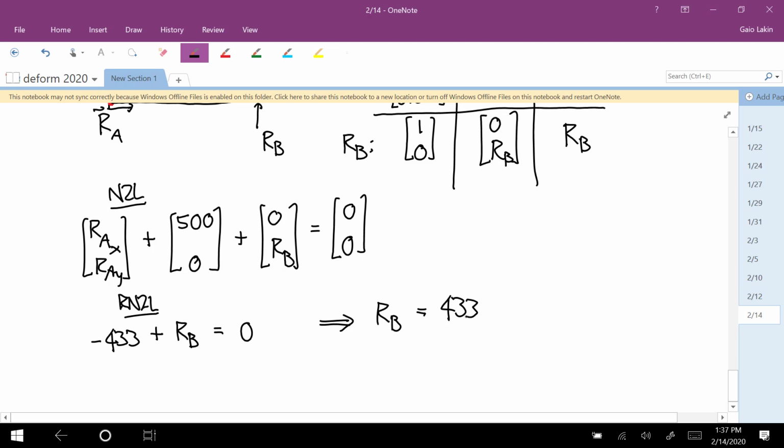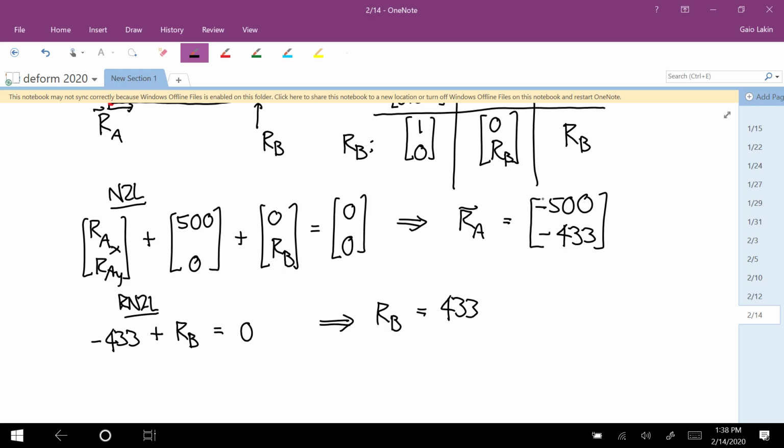And then we can plug that into the Y equation, and we get that RA has an X component of negative 500 and a Y component of negative 433. Okay, any questions about that?